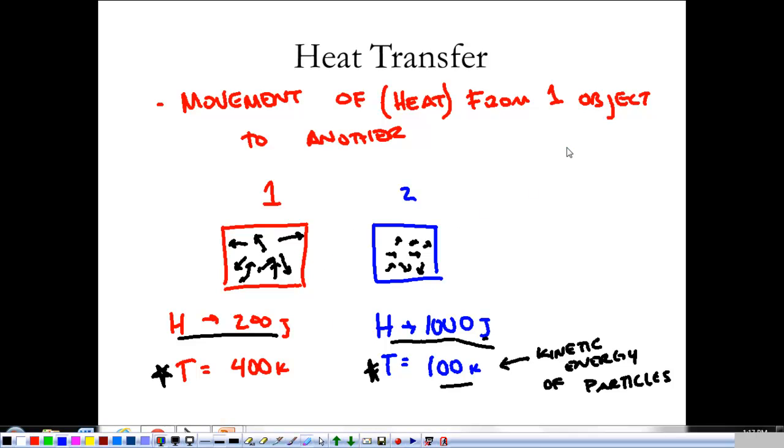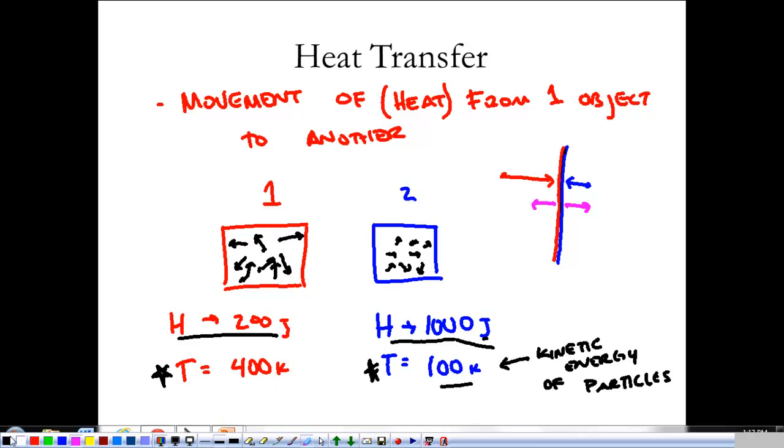we look at a zoomed in view of 1 and 2. When they're touching each other, the particles in object 1, which are fast moving, have the opportunity to run into the slower moving particles in object 2. Now, after the collision, they're going to share some of that kinetic energy.